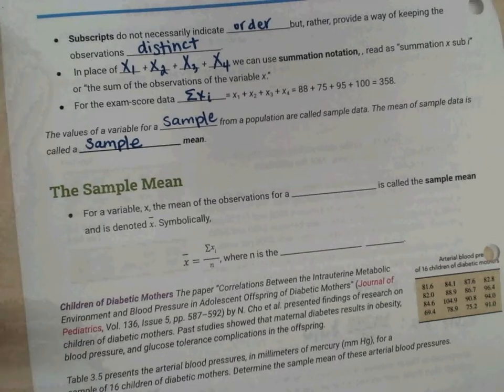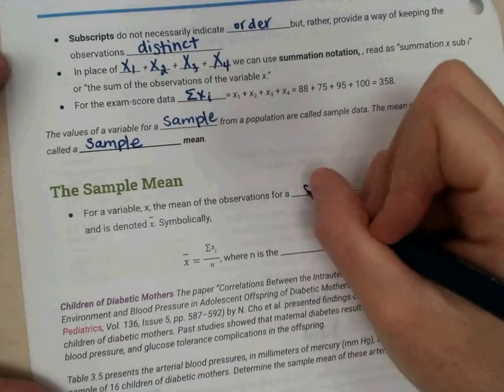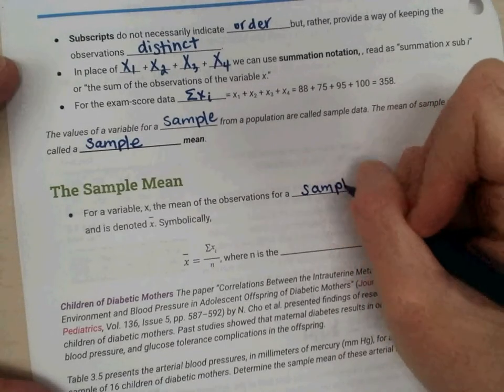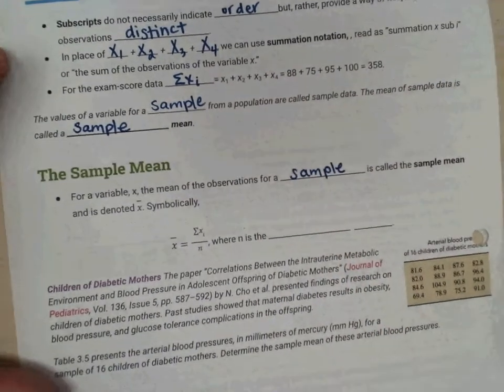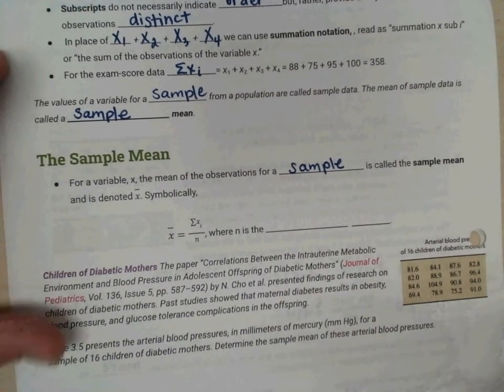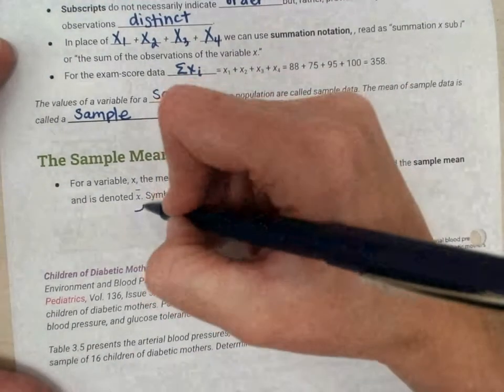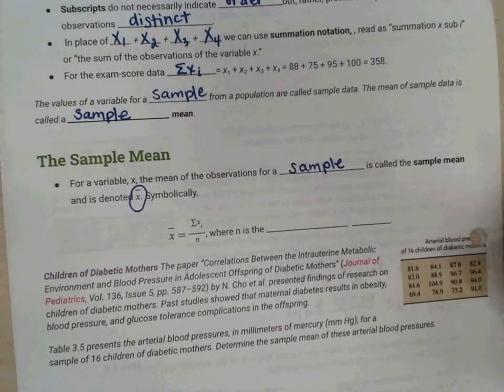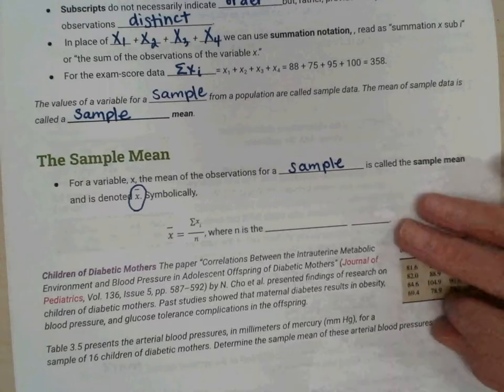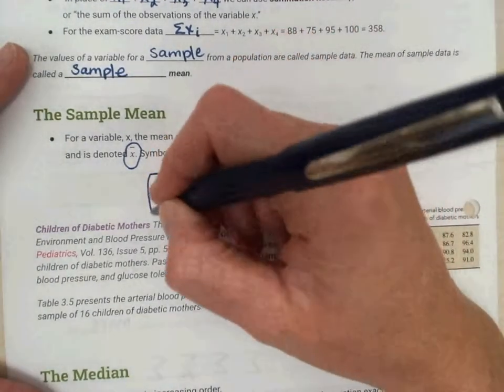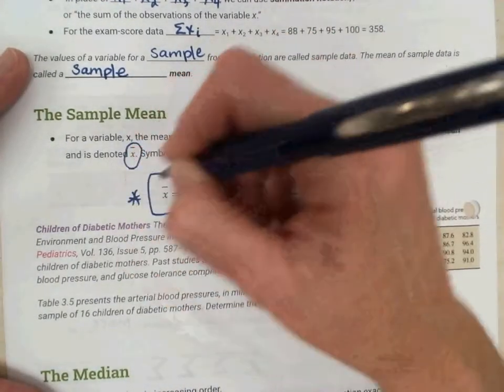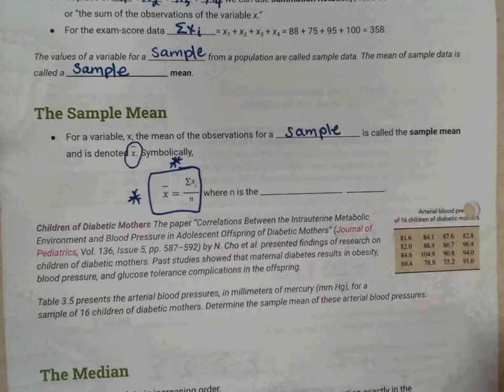Sample mean for variable x: the mean of the observations for a sample, see the emphasis here on sample, is called the sample mean. It's denoted, what? X bar. It's denoted by X bar. Boom. Put a square around this, put a star too.